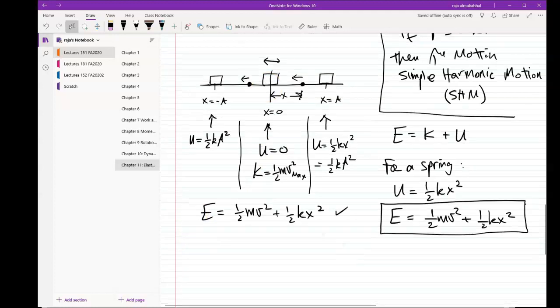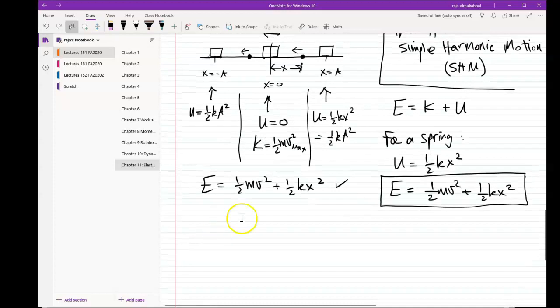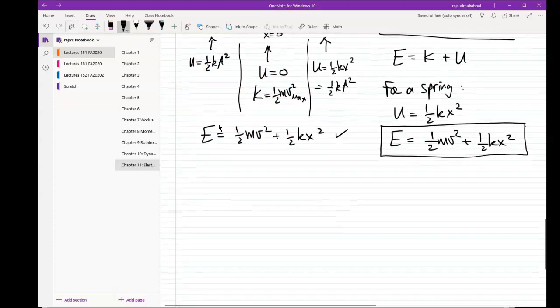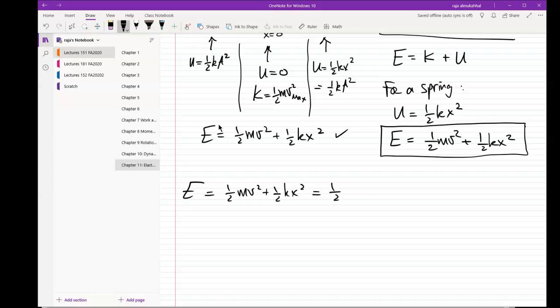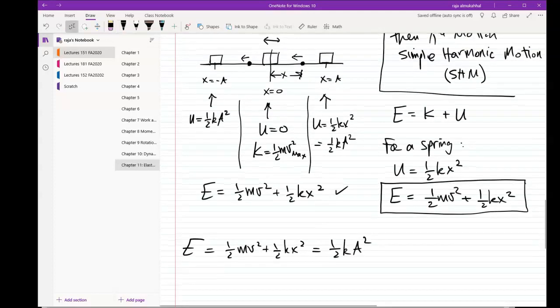In other words, with all these equations that I have gotten, this one, and this one, and this one, and this one, I can say that at any arbitrary position, the total energy is 1/2 mv squared plus 1/2 kx squared. At the extreme right, this energy is also equal to 1/2 ka squared. Remember, at A here, the object stops, so therefore there's no kinetic.